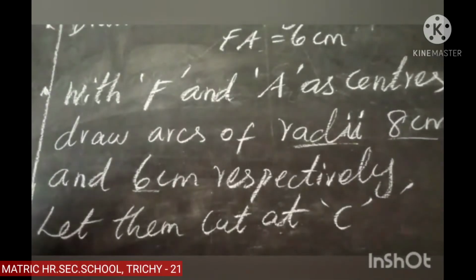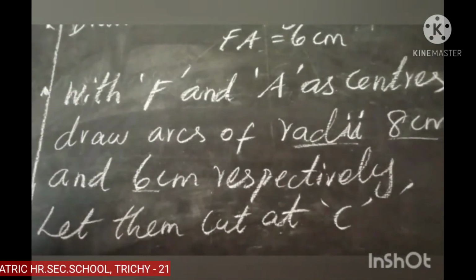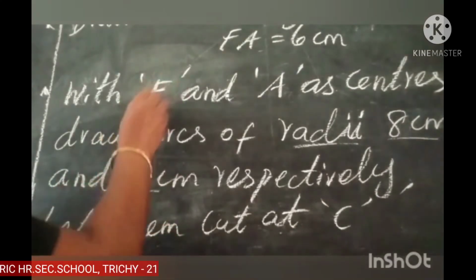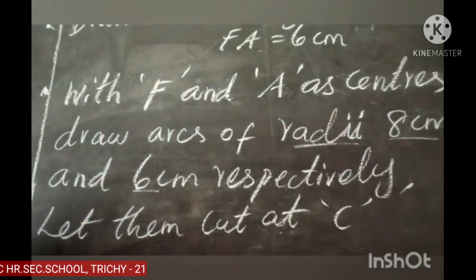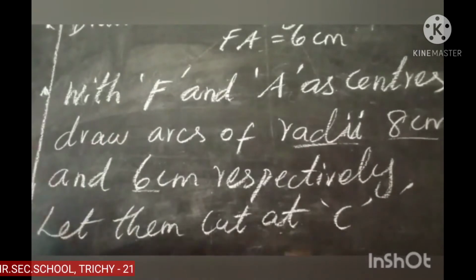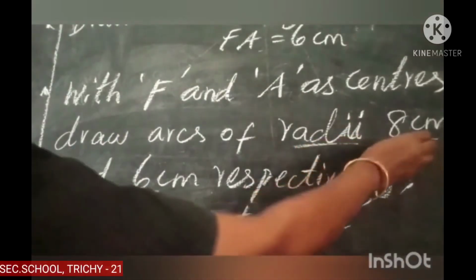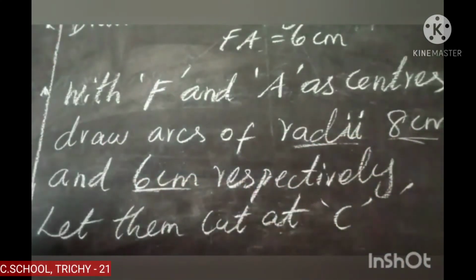Next, with F and A as centers, draw arcs of radii 8 centimeter and 6 centimeter respectively. The two arcs cut at one point, let them cut at point C.